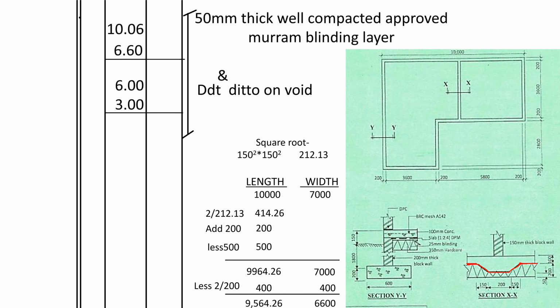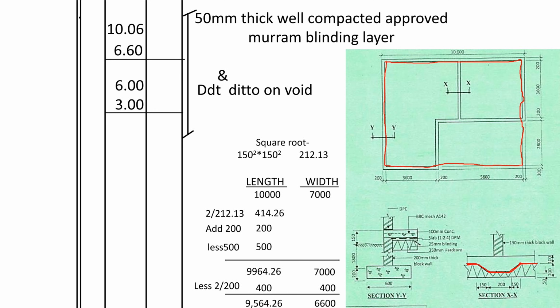We need to take the total length of that one. Then the thickness of the murram blinding will remain 50 millimeters. So to find the area, we shall take the internal dimensions of the external walls. Of course, we shall take it as a rectangle, because it's a rectangle with a recess.